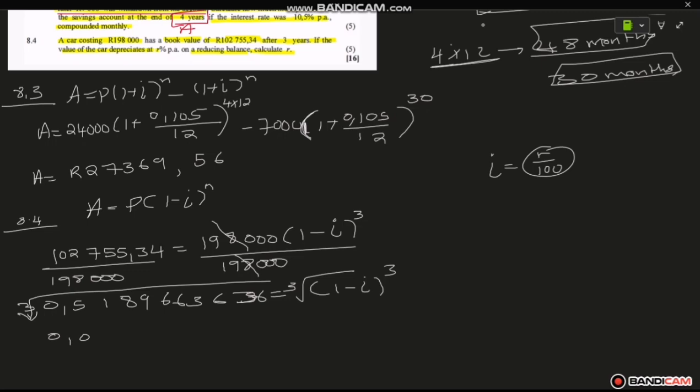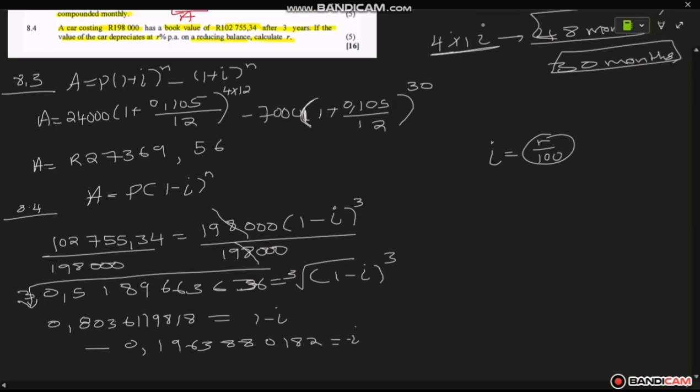So I got 0.80361,19818 equals 1 minus the interest rate. Then on the left, we subtract 1, so we're going to have negative 0.1963, transposing the 1 to the left, so this negative answer equals negative interest rate.